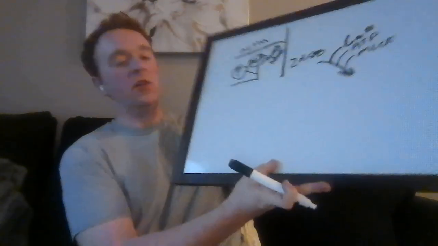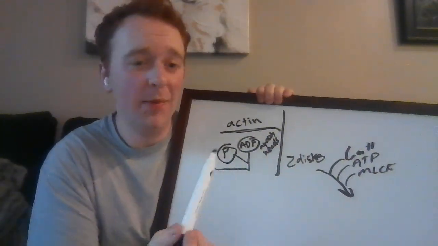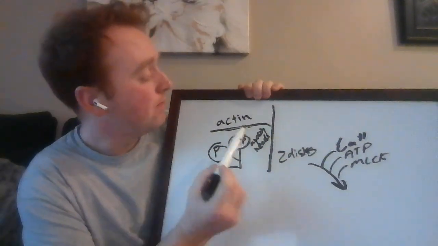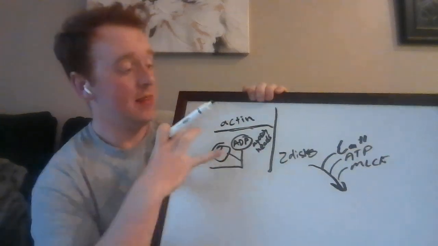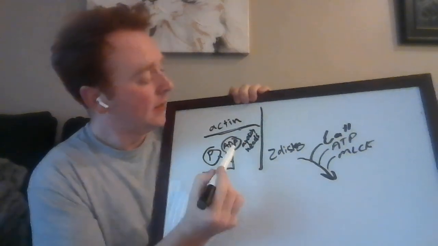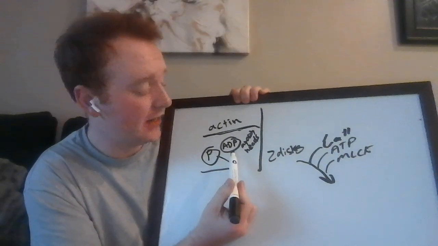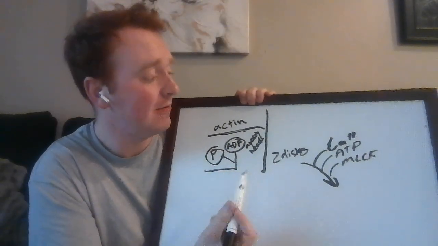Okay. So from what we saw when I was drawing the Z discs and the actin and the nebulin and the myosin heads. So this is the actin, this is the Z disc, there's tons of them. This is our muscle. The myosin heads have ADP, which is energy, attached to them. This is the myosin tail, it has a phosphate attached to it.